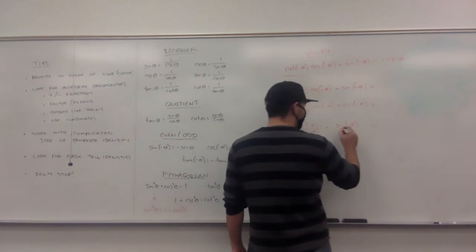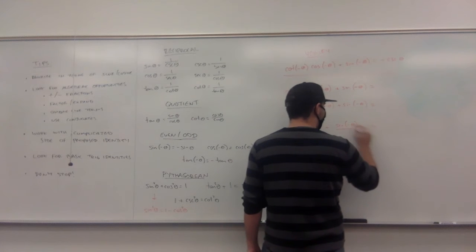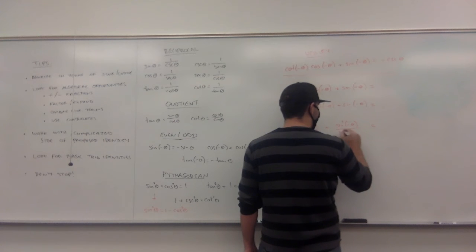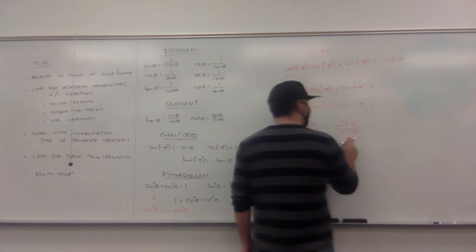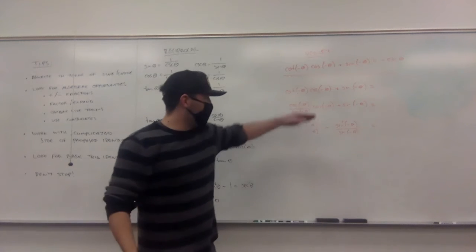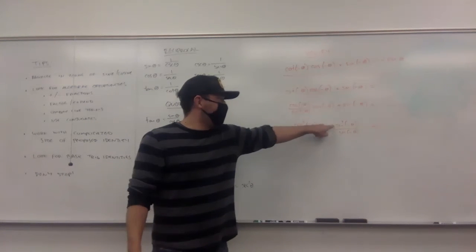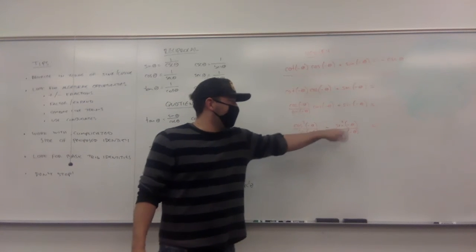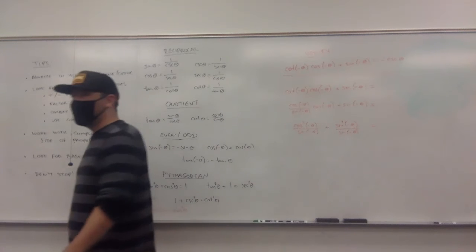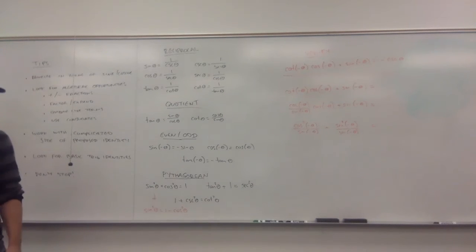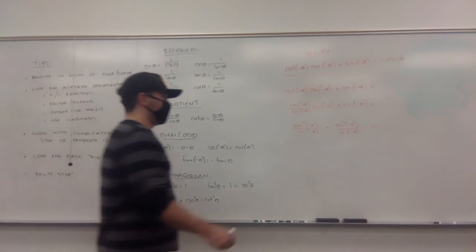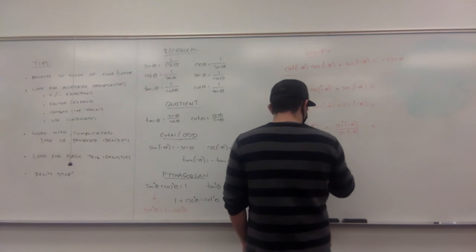So to do that, all I have to do is multiply and divide by sine of negative theta. So I originally had sine of negative theta, I multiply the numerator and the denominator, that gives me sine squared negative theta over sine negative theta. And now I have my common denominator. That allows me to add these fractions together.